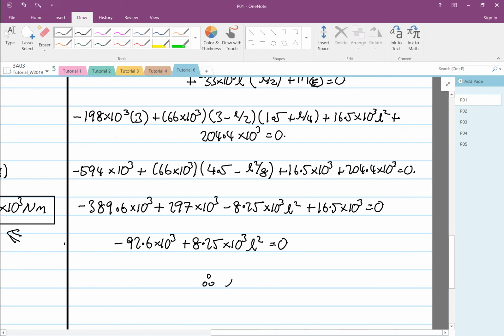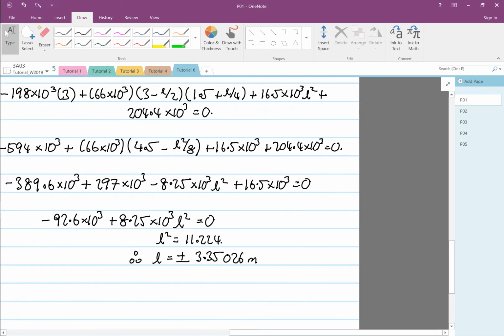Therefore L squared is equal to 11.224, so L is 3.35026 meters. Obviously it cannot be negative, so we choose positive 3.35026 meters. So this is your answer.